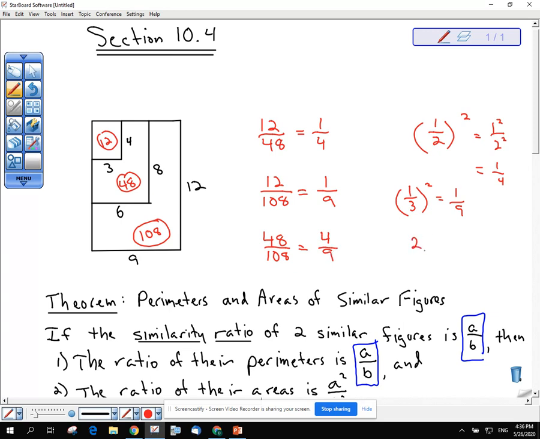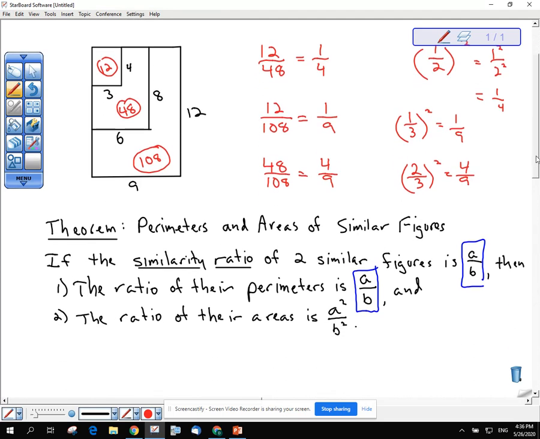Why? Because 2/3 squared is 4/9. So that anecdotally proves the second part of our theorem, which says if the similarity ratio of two similar figures is a over b, then the ratio of their areas is a squared over b squared.